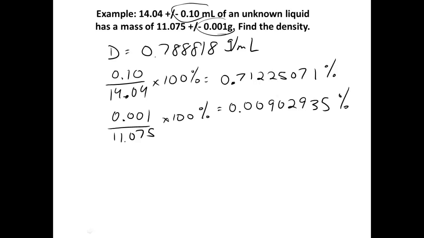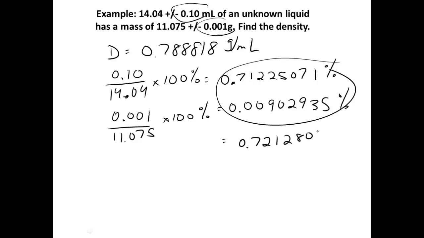Now I'm going to add these two together, and we get 0.72128006%. Really don't need all these digits. That might make things a little more confusing, but hopefully you can still follow along with what I'm doing here.